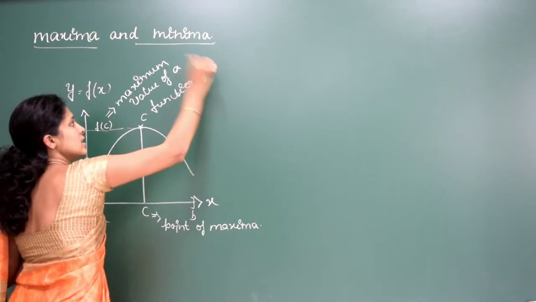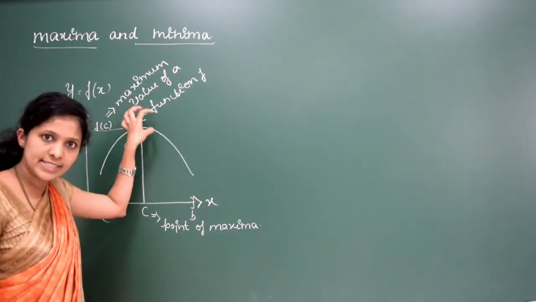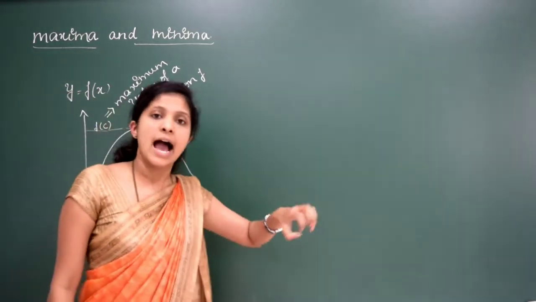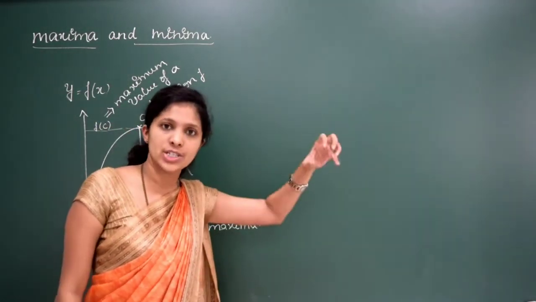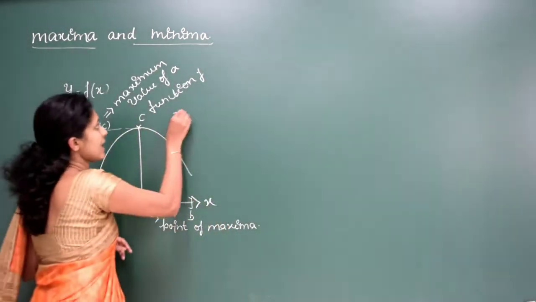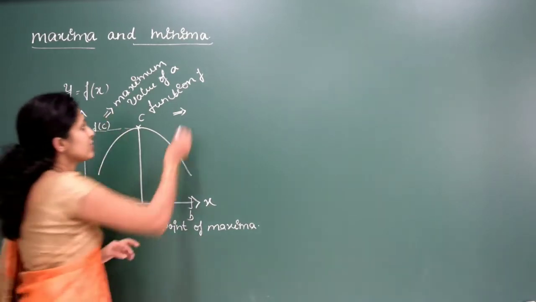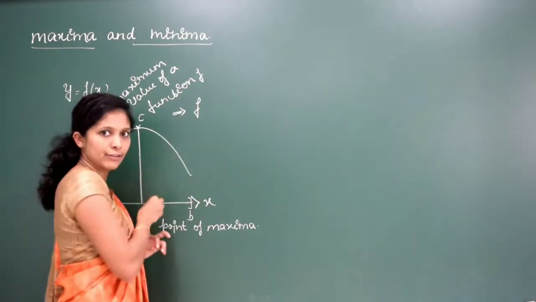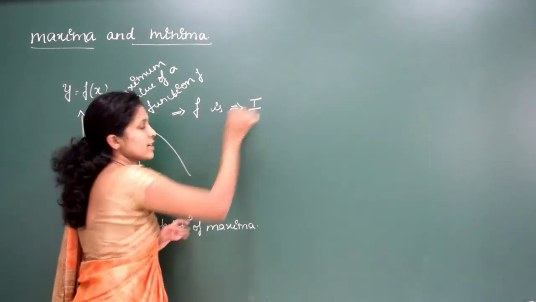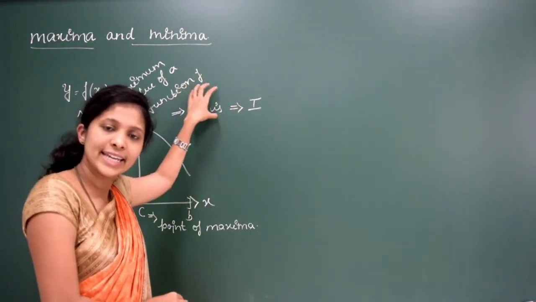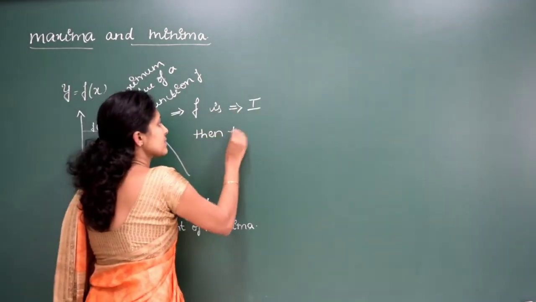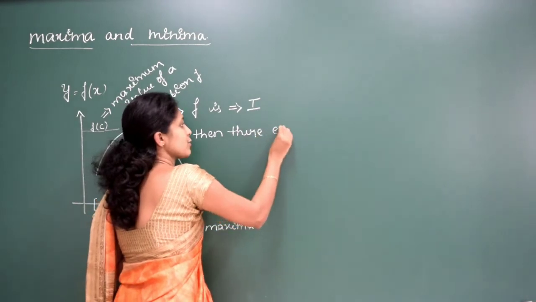So there exists one point c between a and b. Then c is called the point of maxima. After substitution of that c in the function, you will get some value that is called the maximum value. The definition says that f is a real valued function defined in the interval I. This is the actual definition of a maxima.